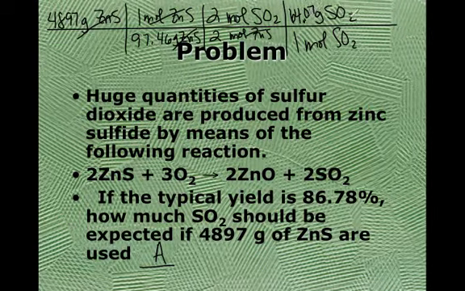So this is how much sulfur dioxide can be produced. That's the maximum, the theoretical yield. How much should be produced, but we're not 100% efficient, so we're not actually going to get that much.